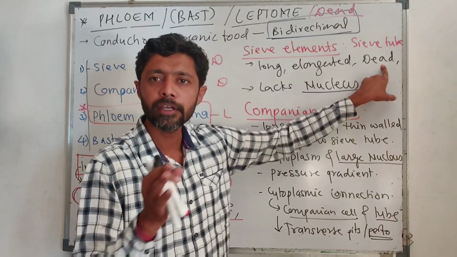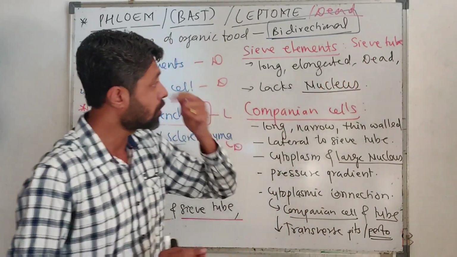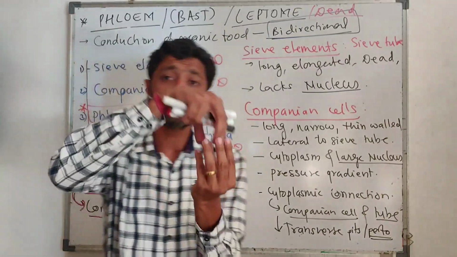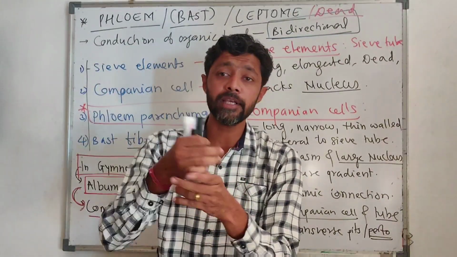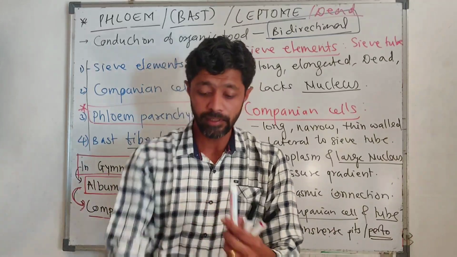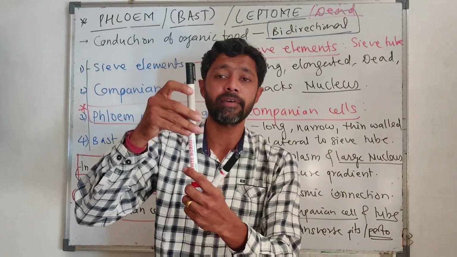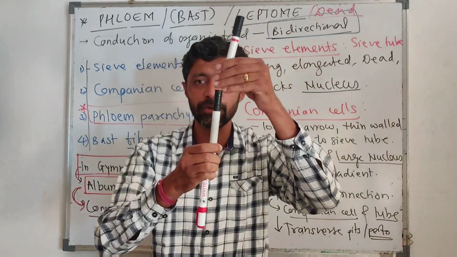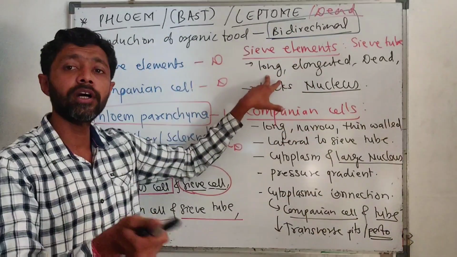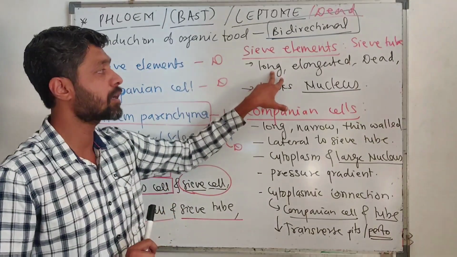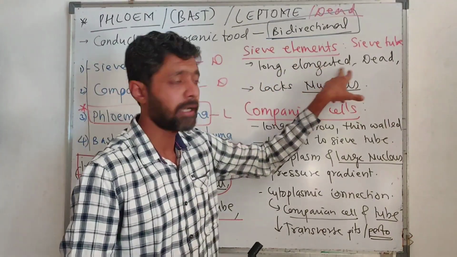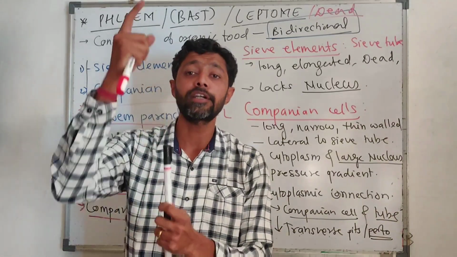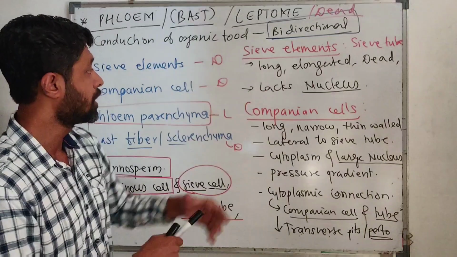They are transversely placed, meaning they are placed one above the other. So one sieve tube, another sieve tube, then another sieve tube. They are arranged one above the other in a continuous stream, forming a continuous stream in the plant.